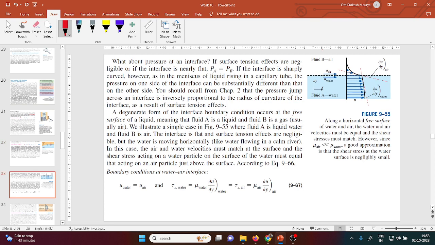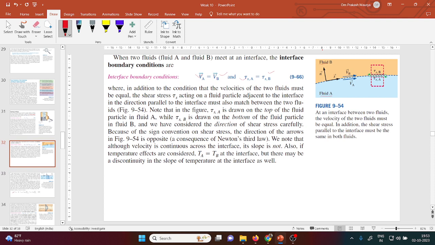So here it is also written that the velocity of water and air should be equal, and the shear stress on the A surface and on the B surface should be equal at the interface.